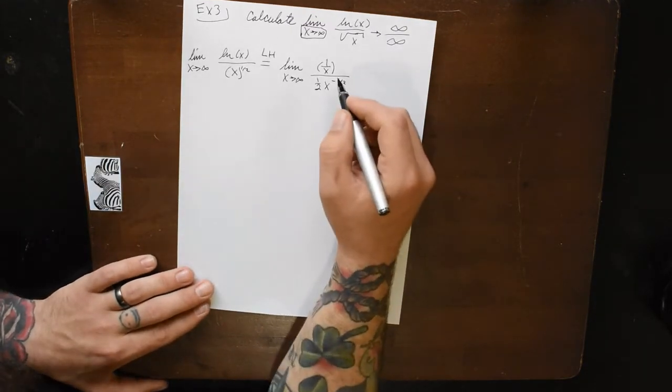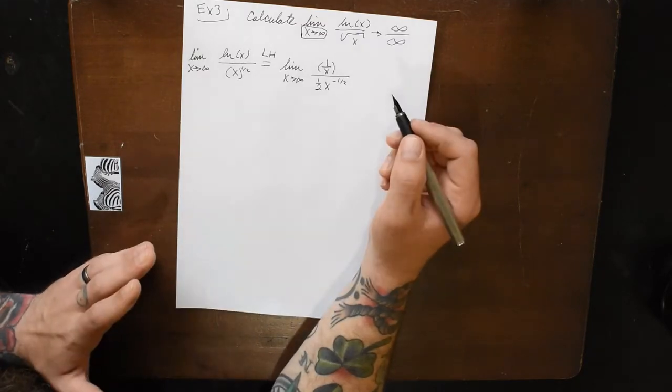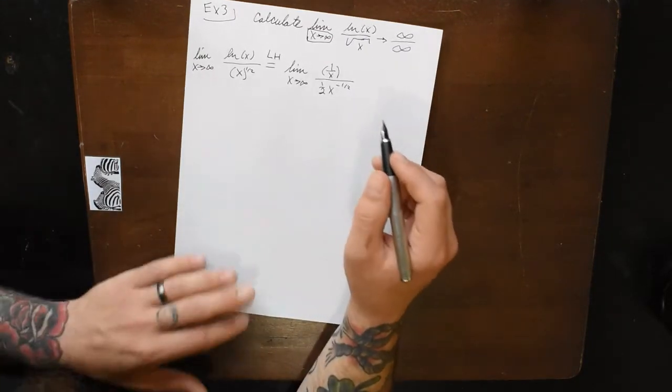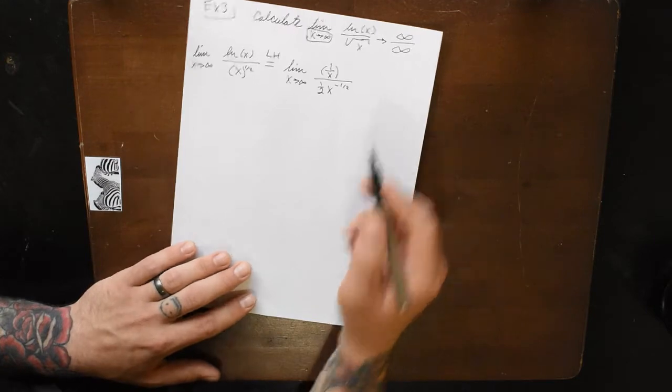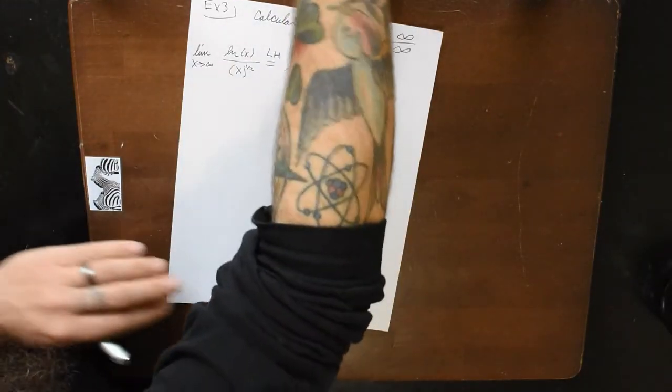Now we want to algebraically manipulate this. So let's multiply top and bottom of this equation by x over x.